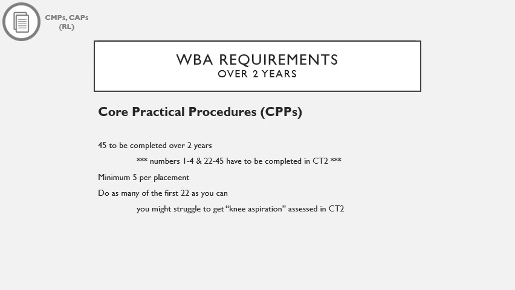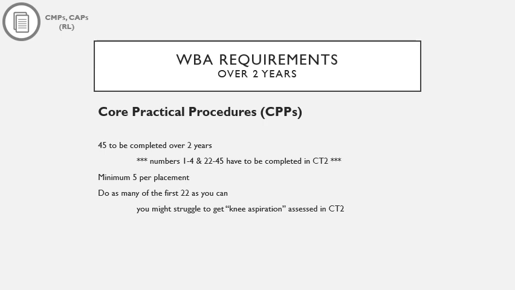They're quite anaesthetic specific, so you won't get the opportunity to do them in acute medicine or emergency medicine. Numbers 1 to 4 are things like cannulation, arterial blood gas sampling. So whilst these do have to be done again in CT2, if you're low on numbers for a placement to get enough DOPs, they do make for quick, easy DOPs, but you will have to do them again in your CT2 anyway.